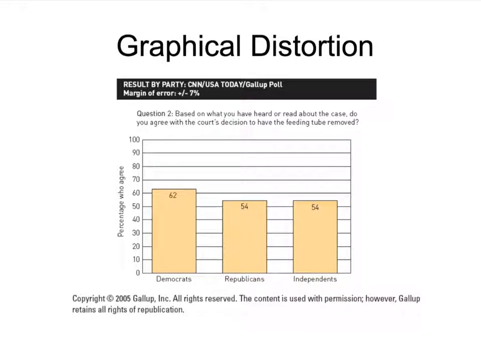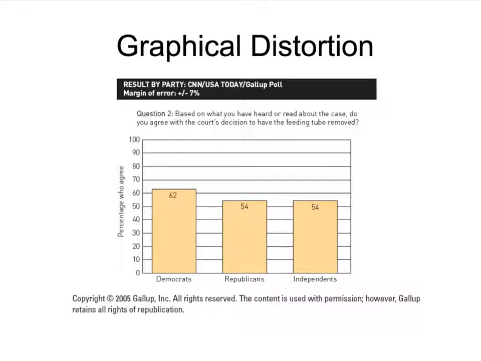We saw in the previous graph that there was a huge disparity between the Democrats and the Republicans. But to look at this graph, while we still have the uniformity between the Republicans and the independents, we can see that it's much less of a split. We have 62% versus 54%.